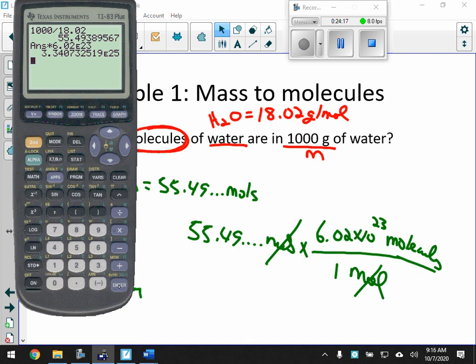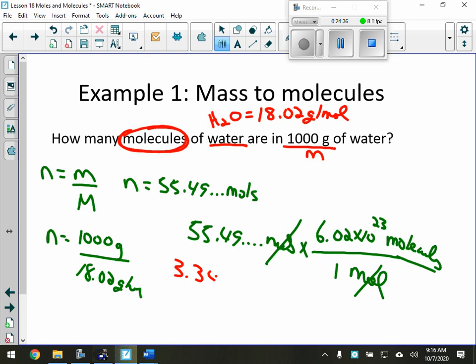We probably should get a really big number. Actually, how many significant digits should I probably have in this question? 4. So we're going to go to 3.3407, so 3.341, yes? Okay, so 3.341, 4 significant digits, times 10, okay?